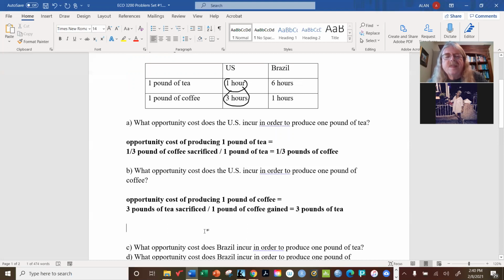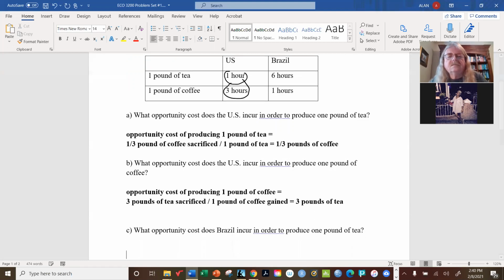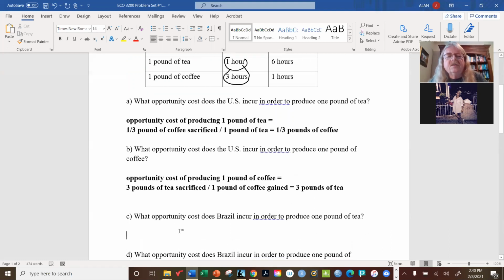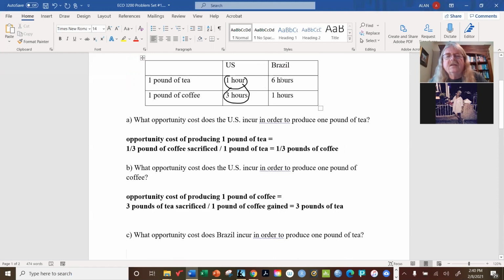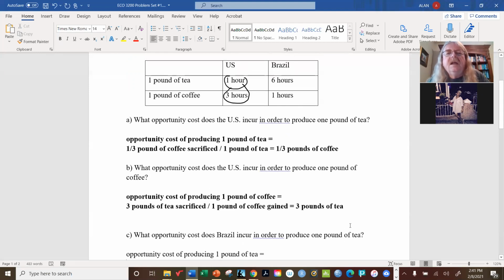Now let's compare that with Brazil. For Brazil, we'll look at their production here. So the opportunity cost of producing 1 pound of tea. How do we look at it? 1 pound of tea requires 6 hours of labor in Brazil, which translates into 6 pounds of coffee.